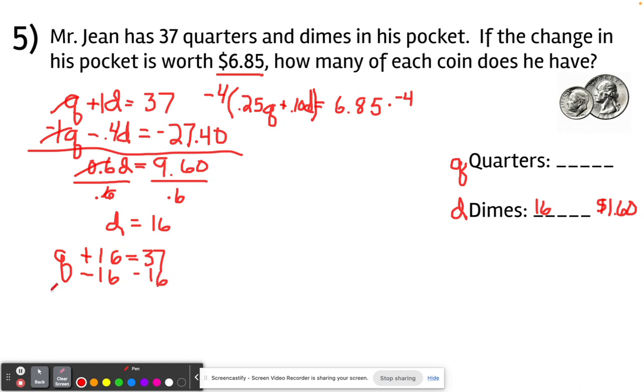And my number of quarters would be 21. I have 21 quarters. So 21 quarters is $5.25.